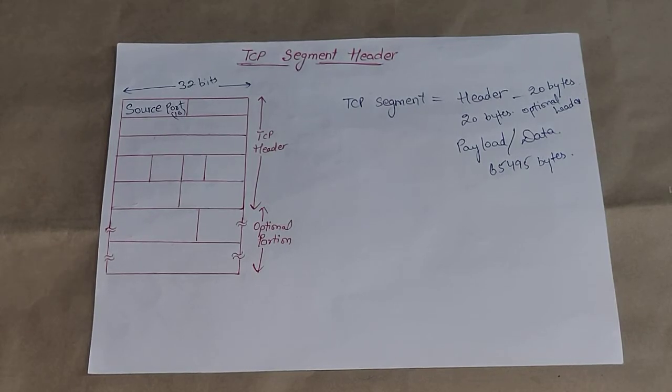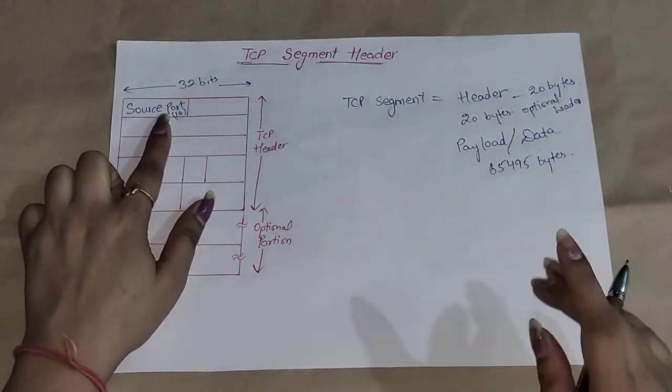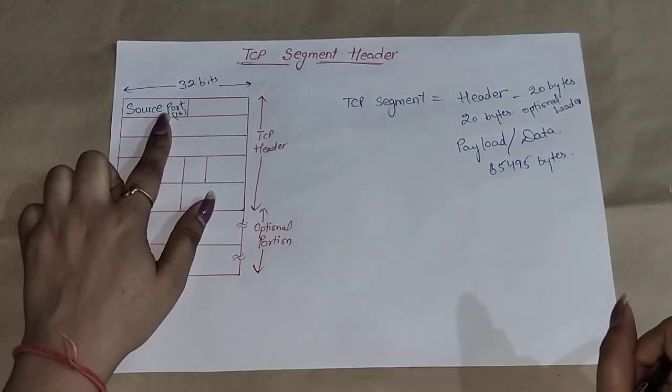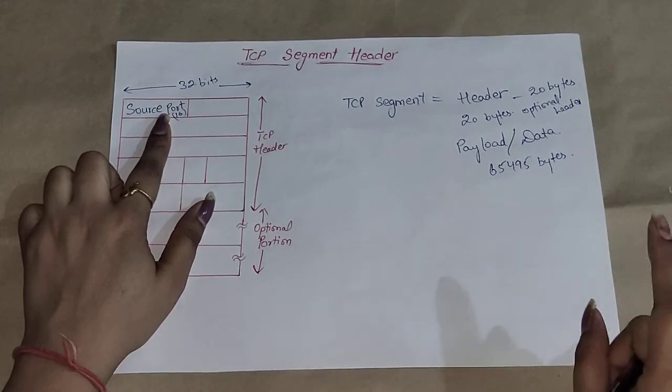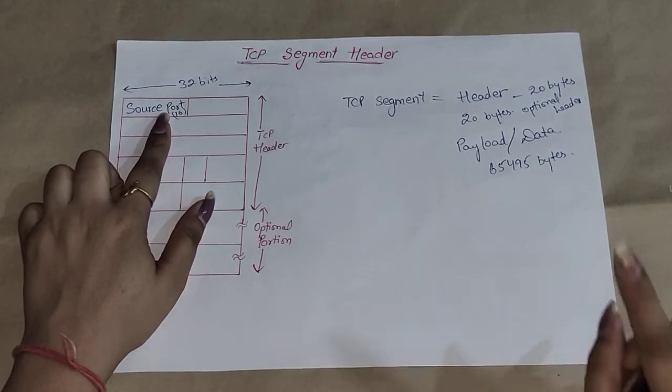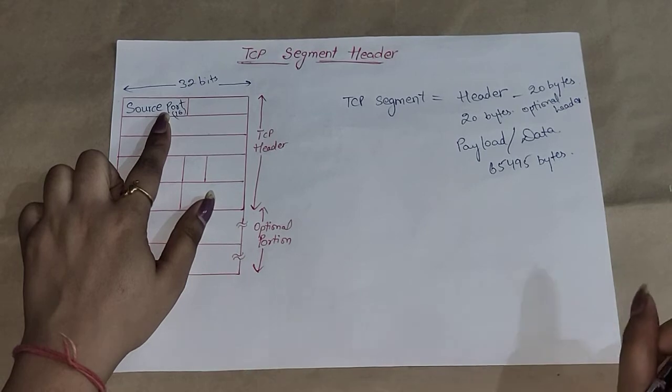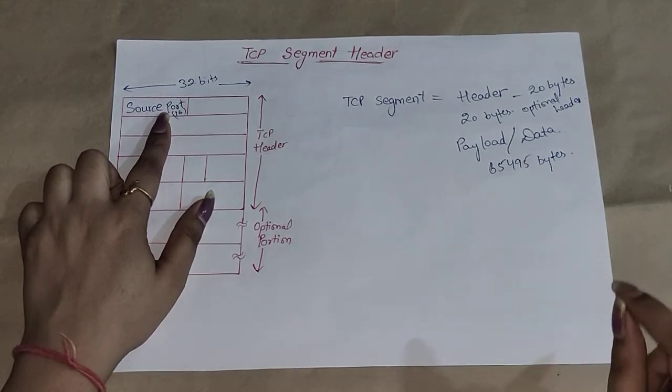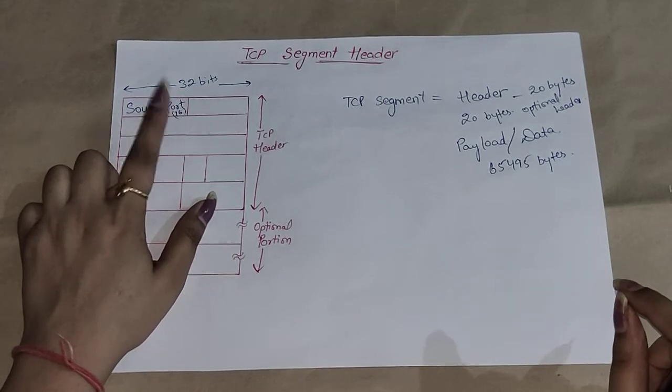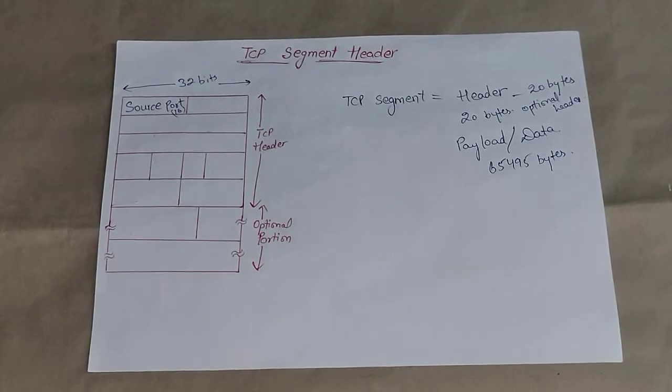And this 16-bit number represents the port number of the source. Port number of the source means the port address of the process that is executing on the host machine. Okay, this is source port and this is a 16-bit number.